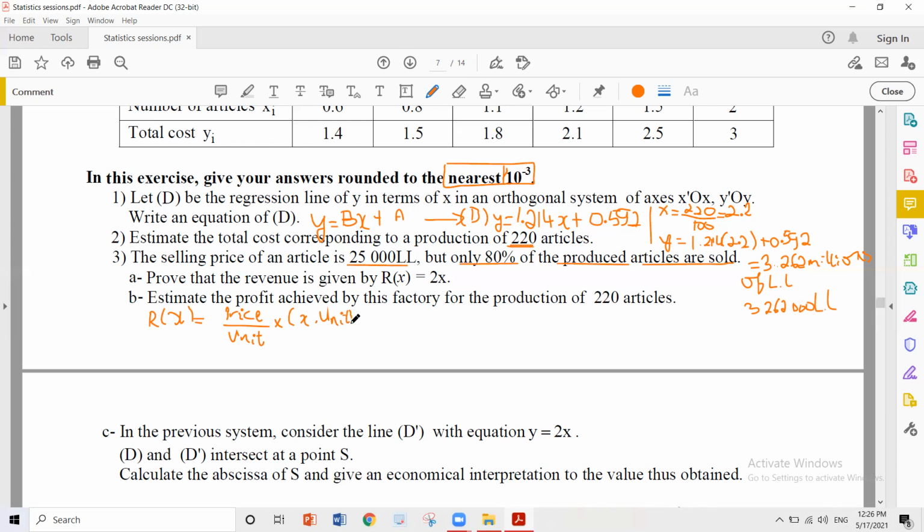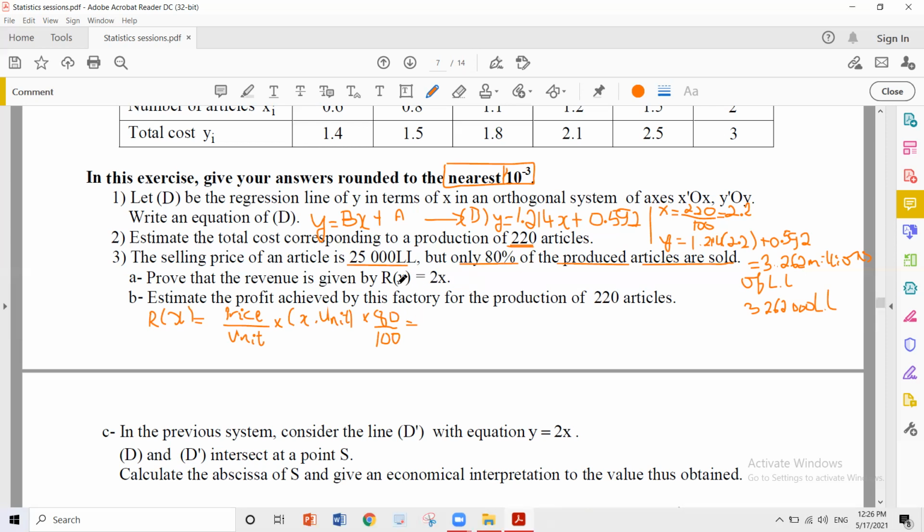Is it correct till here or something is missing? Times 80 over 100, because 80% are sold. إذا قلنا all the production is sold, we don't multiply by anything. هون قلنا 80%.